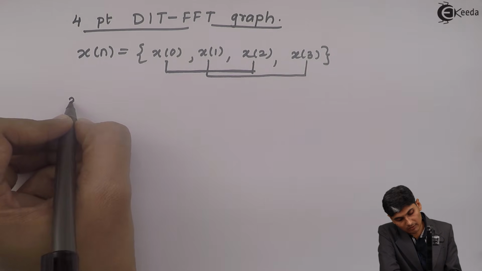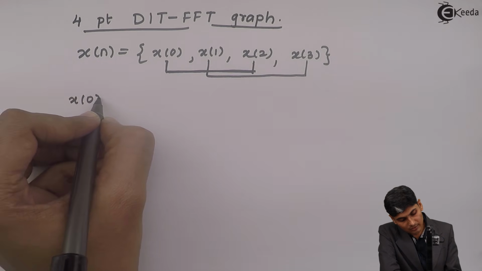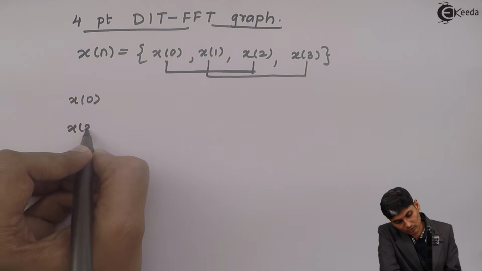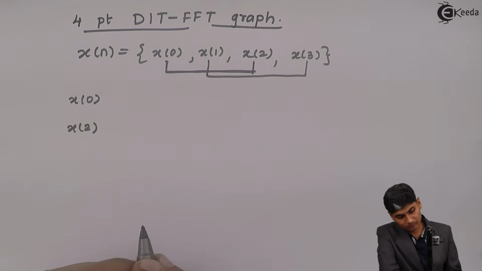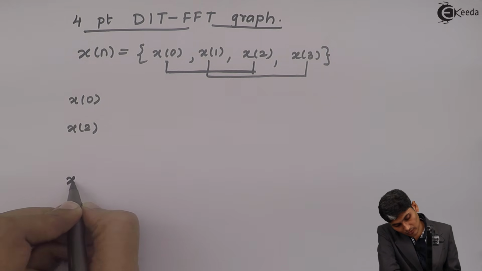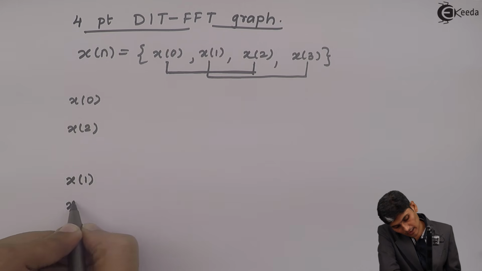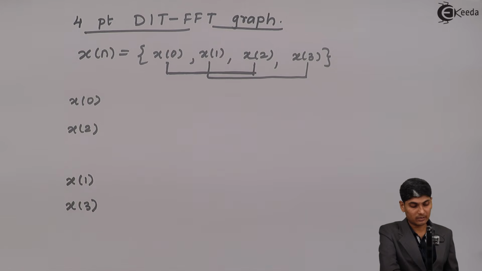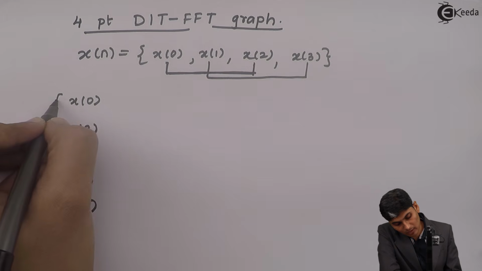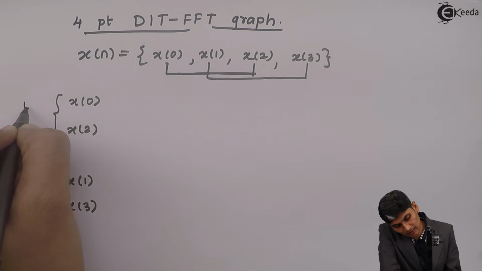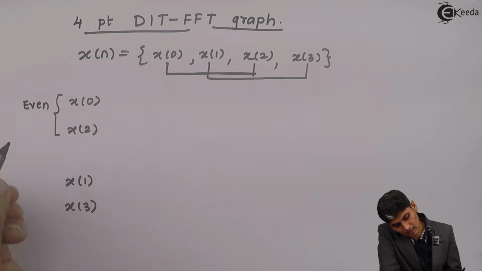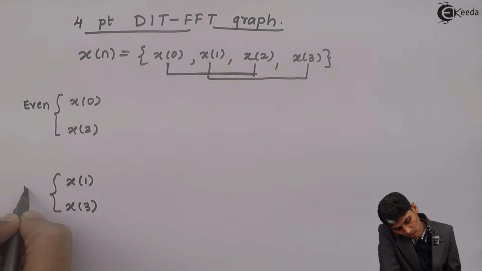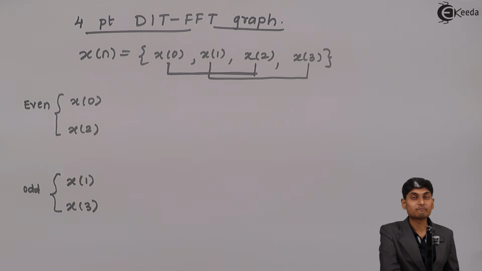Then I have x of 1 and x of 3 together. This I call the even part, and this we call the odd part. So I have divided the given sequence into even subpoint and odd subpoint.